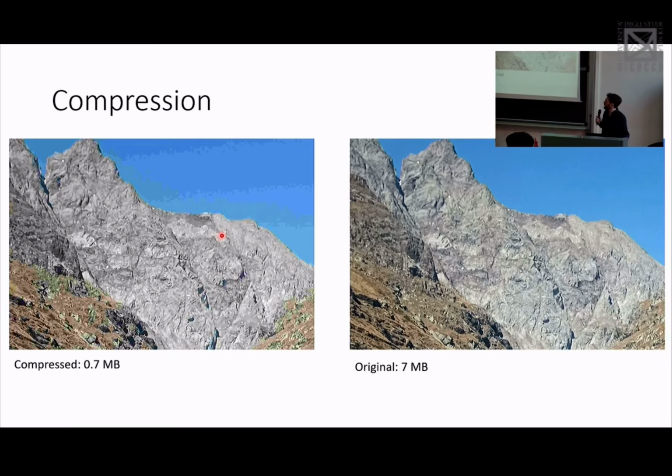So you can reduce the size of an image by reducing the number of pixels. That's pretty effective, but the result will be blurring of the image. If you do compression instead, you will keep the resolution, because a well-written algorithm will keep the resolution, but you will discard a lot of details.